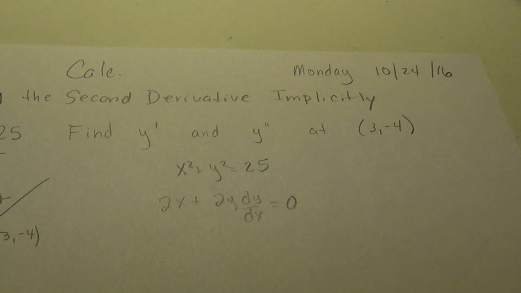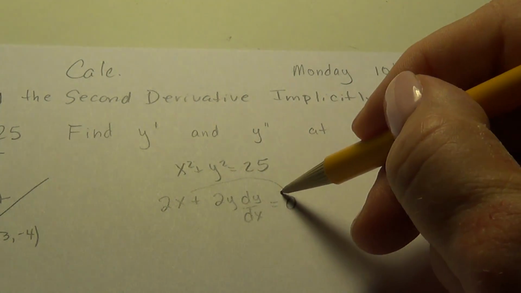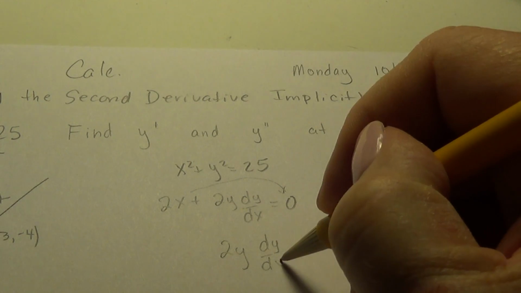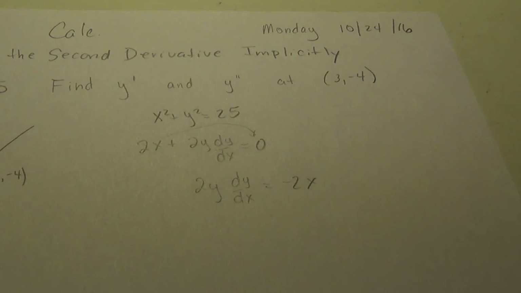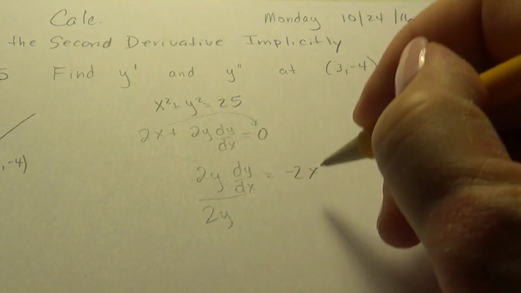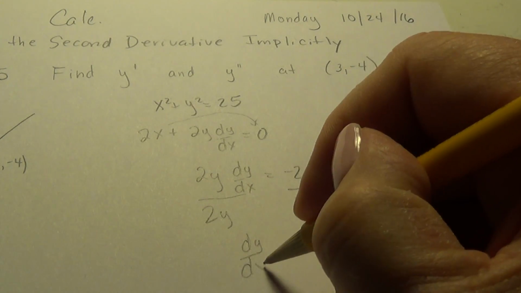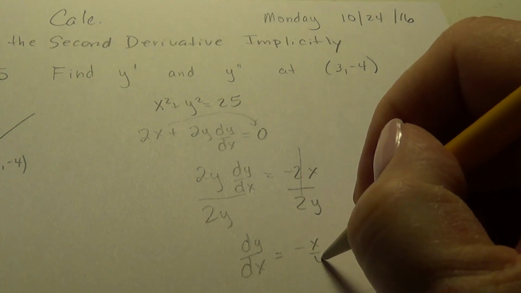Now we will move the terms without dy/dx to the right, and divide. We don't have to factor anything, since dy/dx is only in one term. Divide to isolate it, and simplifying, we get negative x over y.